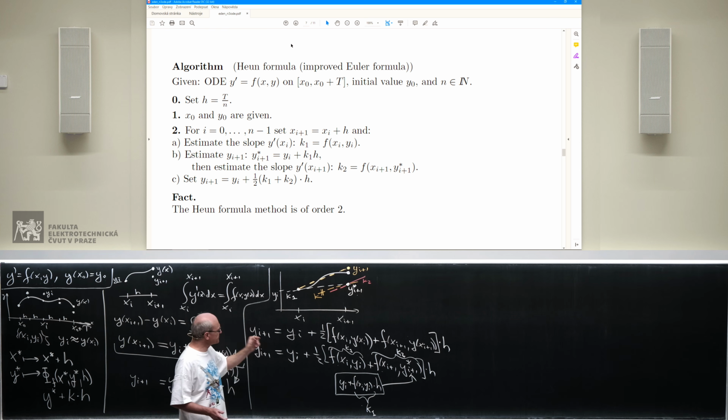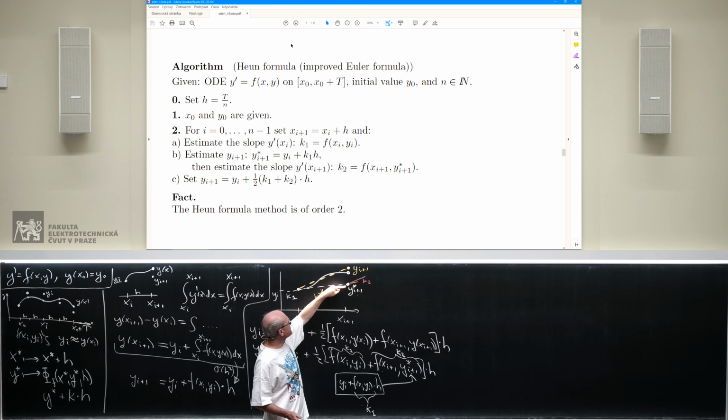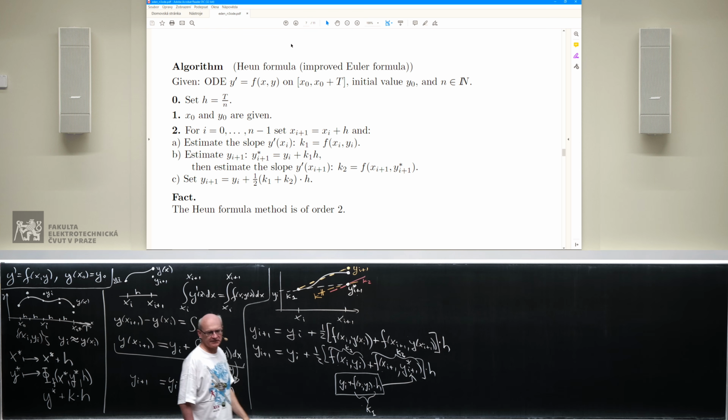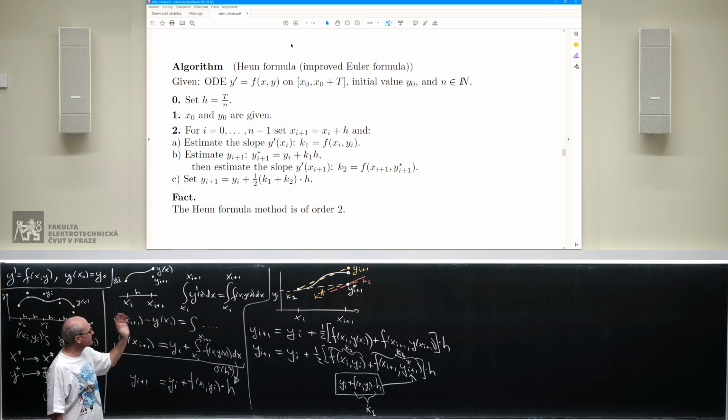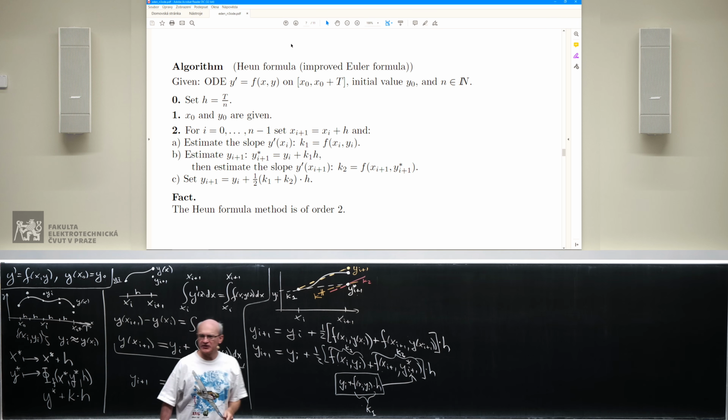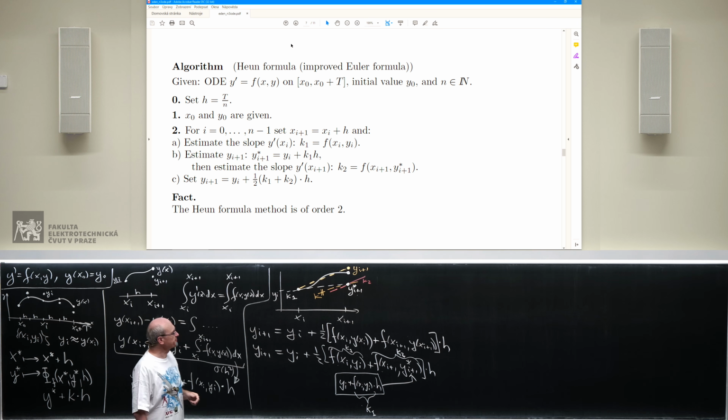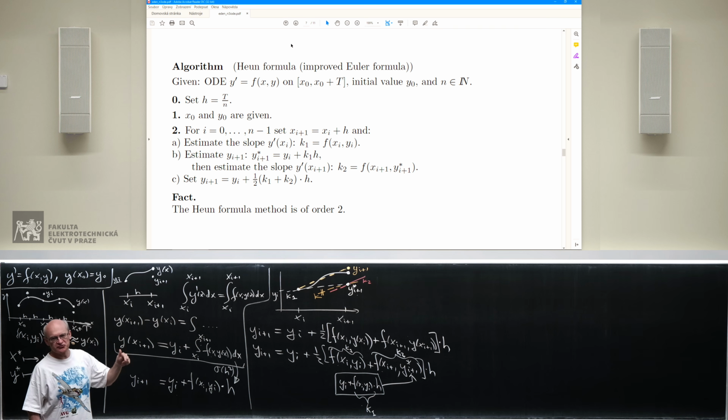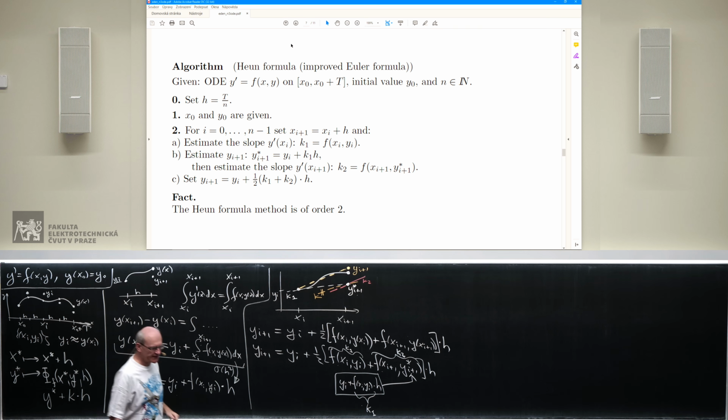The idea is that you first predict how it looks here, and you use this prediction to get more information, and with this information you then correct your prediction to a better one, hopefully. So that's a predictor-corrector method, the Heun formula. I'm not going to show you how it performs in our examples, because I'm going to introduce another method of order 2. Here we go.